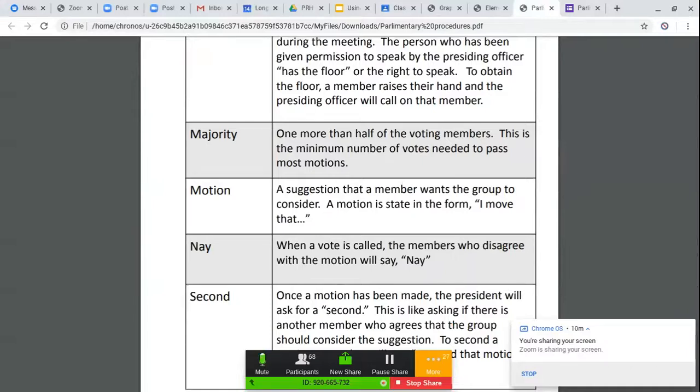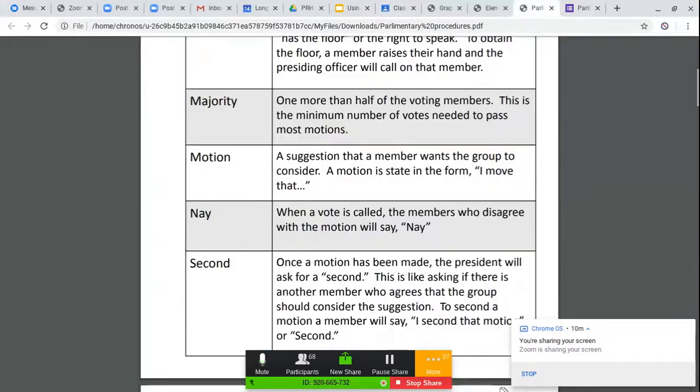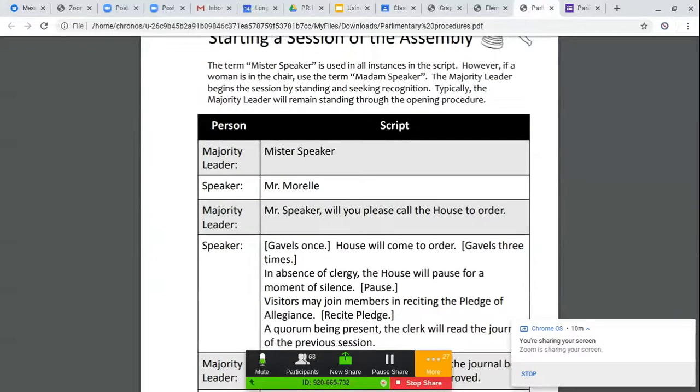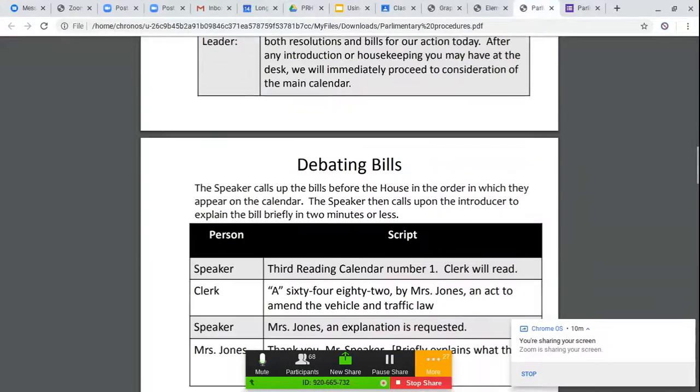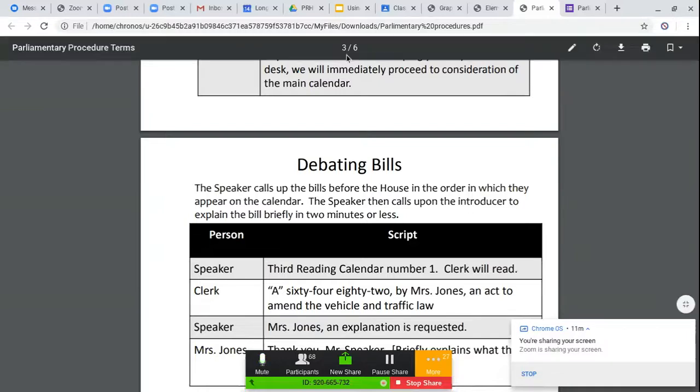Then we played a heads up game where they reviewed the vocabulary words. We also had some script for them to follow, and that was stuff that they could do on their own prior to getting into class. Then we could do a review, not spend a lot of time, and use that in our debate practices.